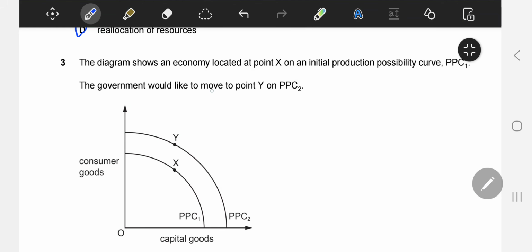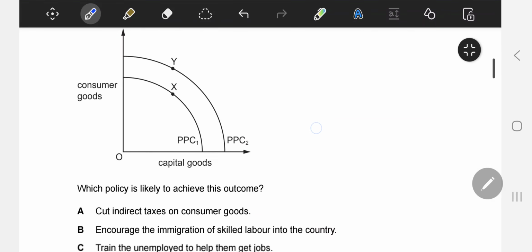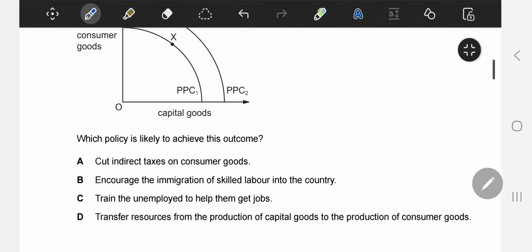The diagram shows an economy located at point X, this point here, on an initial production possibility curve. The government would like to move to point Y, so they'd like to move to point Y there on the PPC2. All right, so what's the question? Which policy is likely to achieve this outcome?